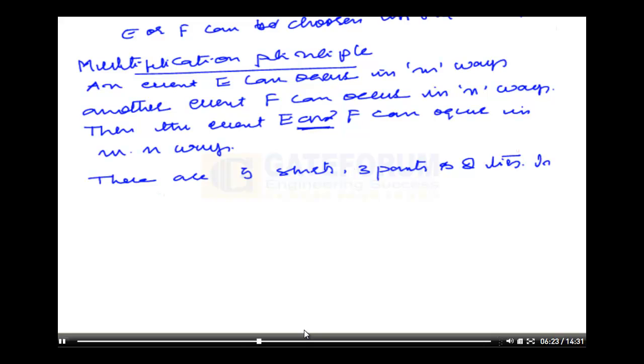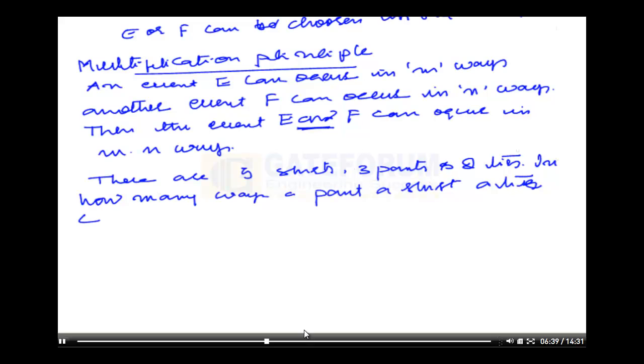In how many ways a pant, a shirt, a tie can be chosen? So here we are not choosing any one, but we are choosing each one: one pant, one shirt and one tie.